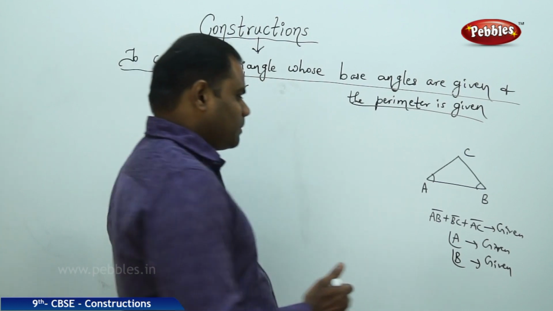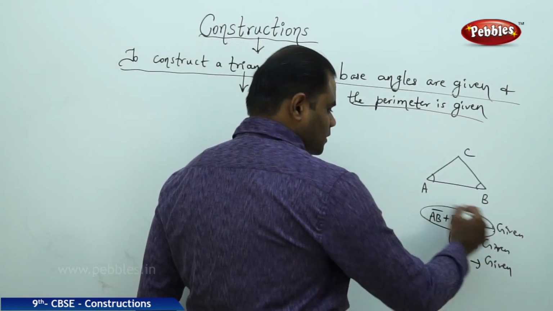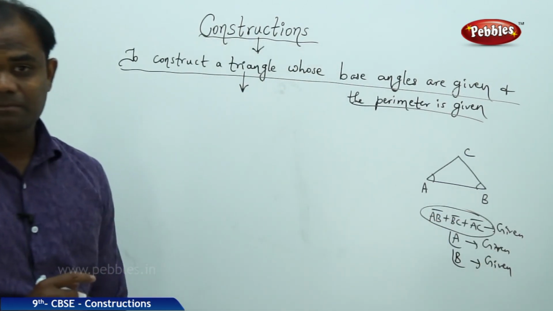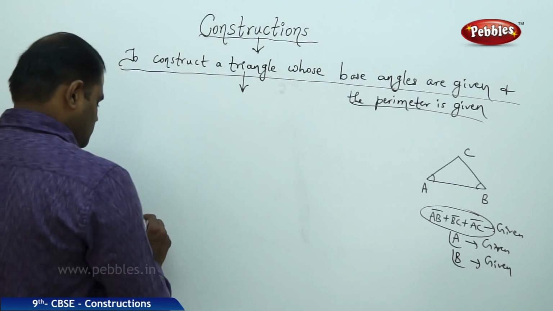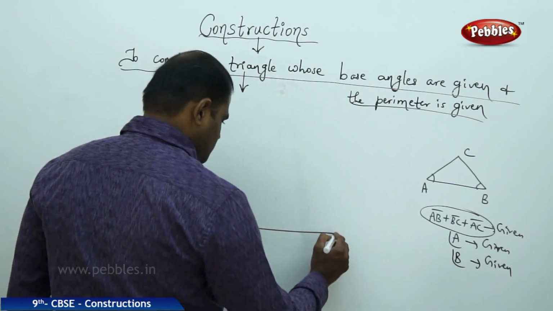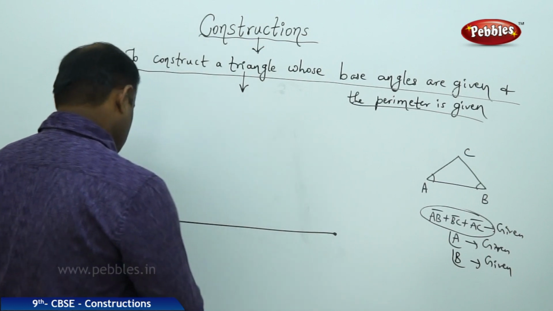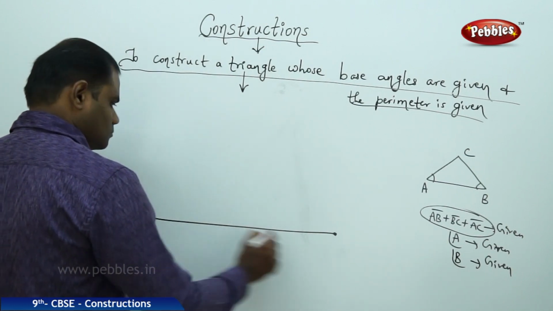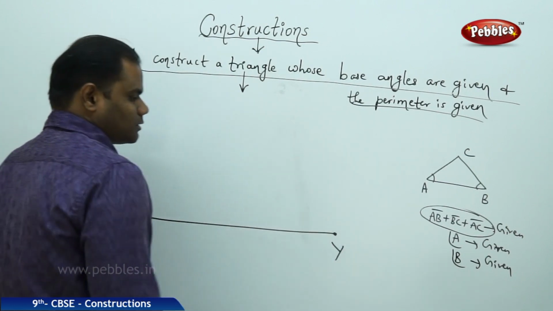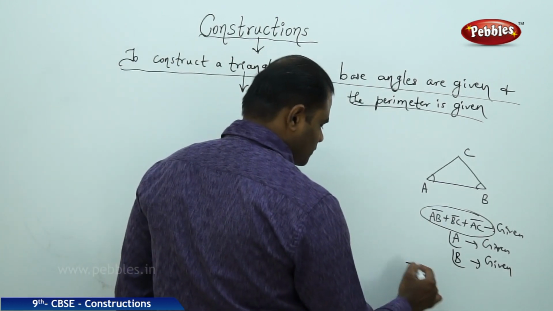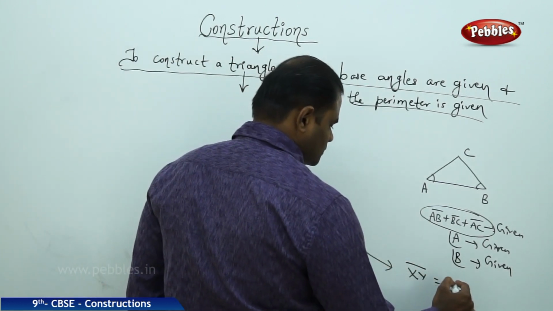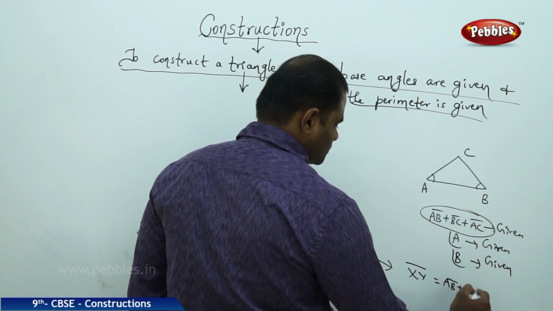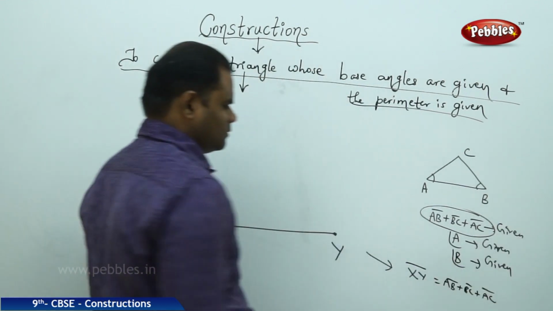So let's see how we can construct a triangle whose base angles are given and the perimeter is given. Let me take the perimeter length which is given as the base. So I take the base such that the length XY is the perimeter of the triangle.